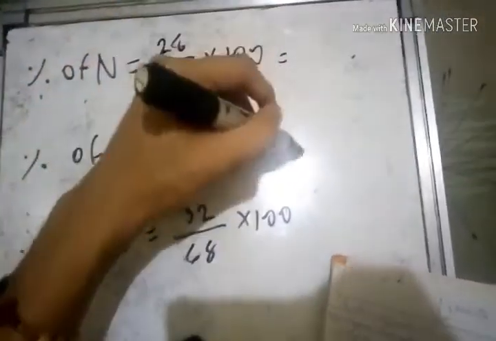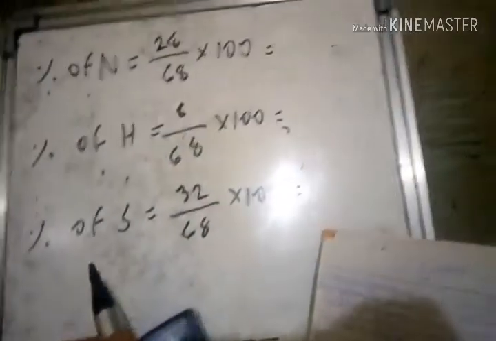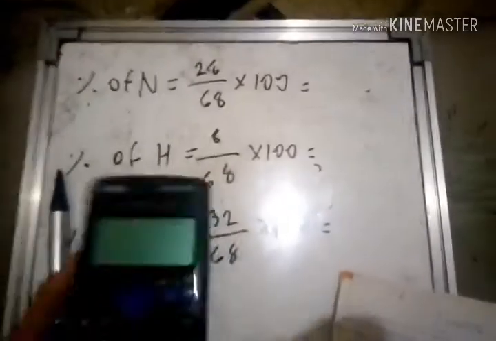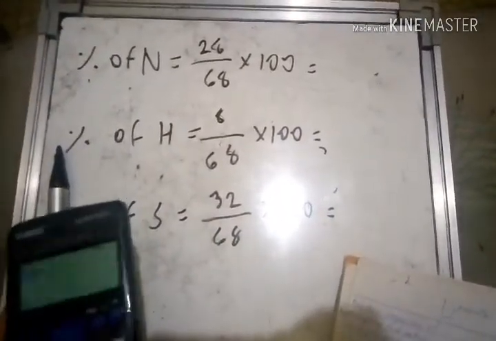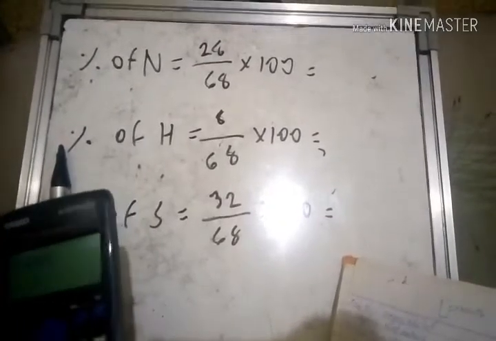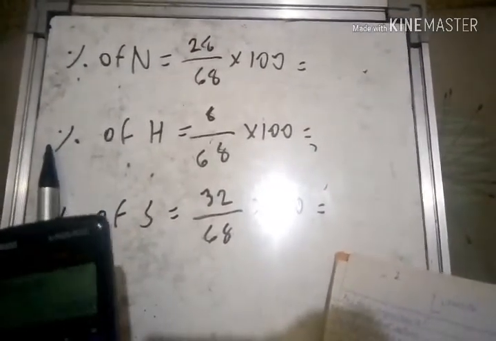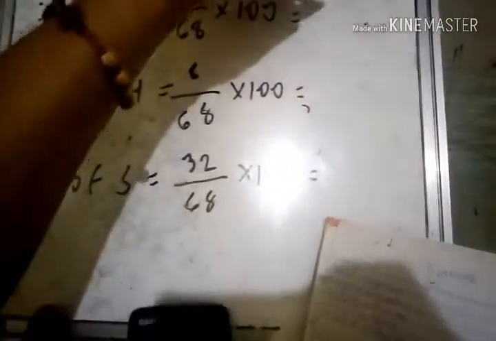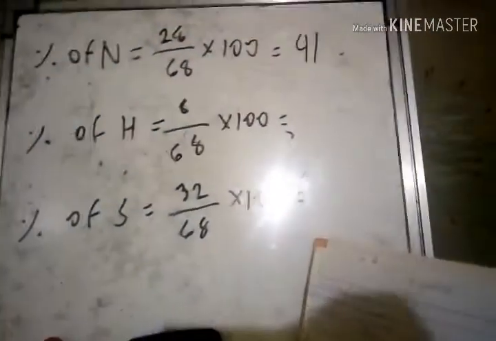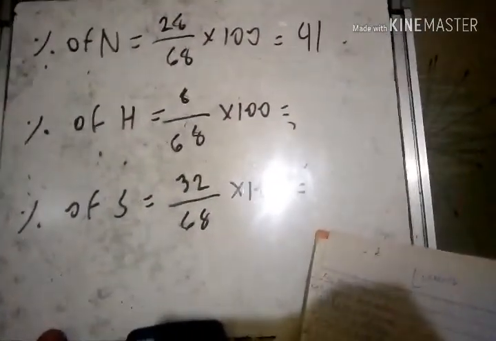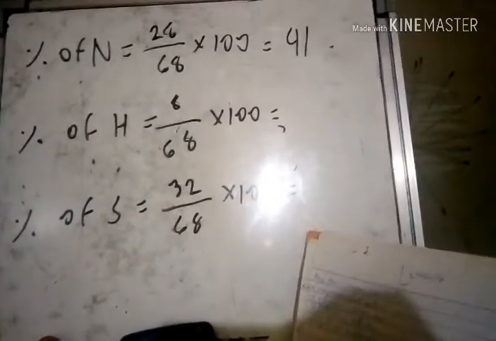So now let's compute. We have the percentage of nitrogen, 28 over 68 times 100 equals 41. Second, hydrogen, 8 over 68 times 100 equals 12.